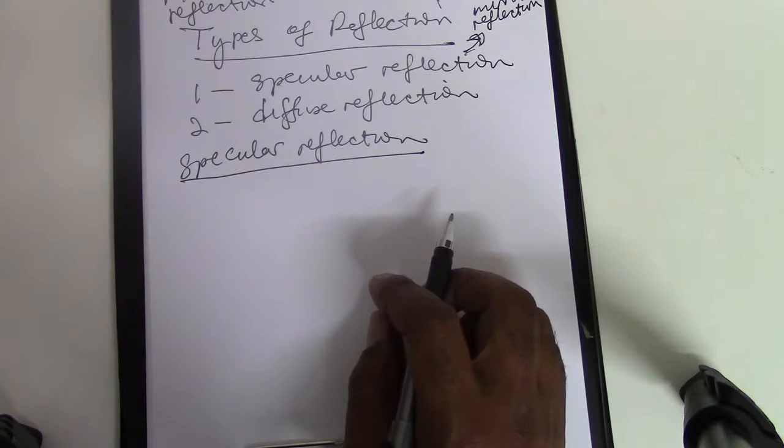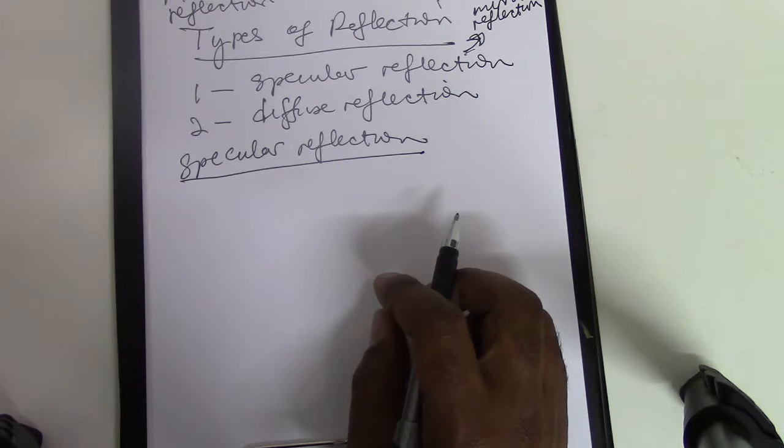In the general case, a certain fraction of the light is reflected from the interface and the remainder is refracted as it passes into the second transparent medium. This we have just discussed when we were looking at total internal reflection.